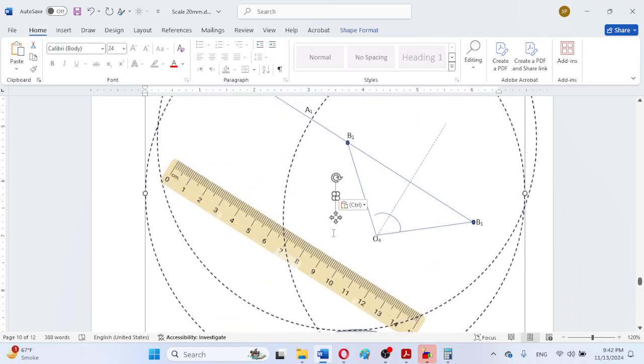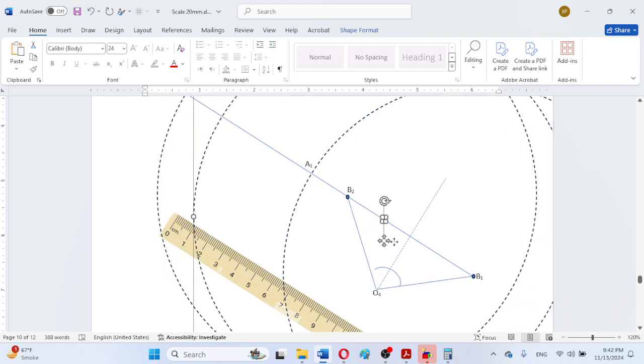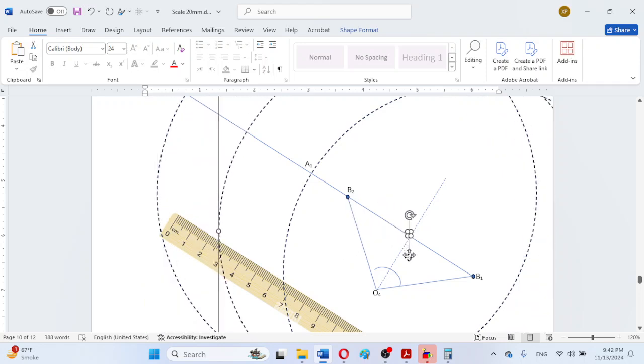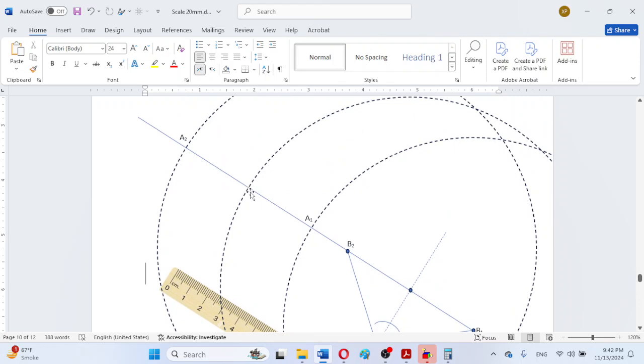So that has been repasted here, and now that can be placed here. So as we can observe, this is the point O2.